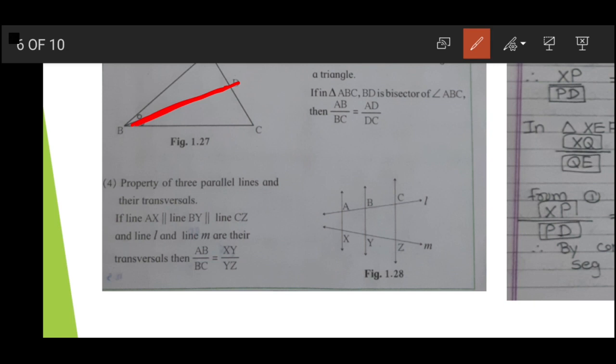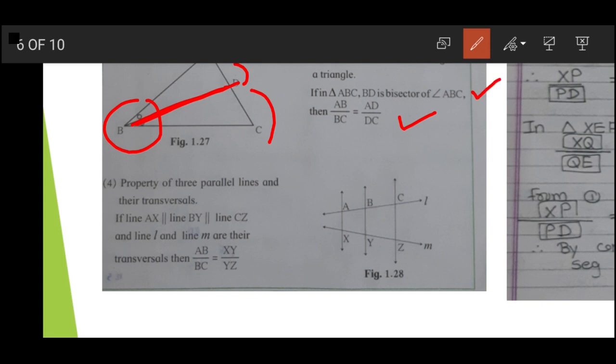As soon as you see BD is the angle bisector, then we can write, as I told you, you will leave this point B and either start from C or you start from A. Okay, so here they have started from A, that is AB upon BC is equal to AD upon DC. Okay, the converse of this also: if these ratios are equal, then we can say that BD is a bisector of angle ABC.